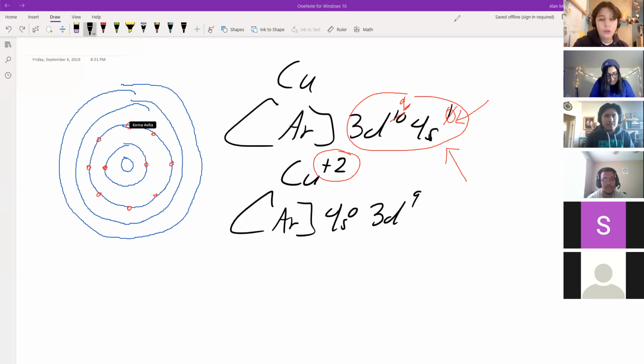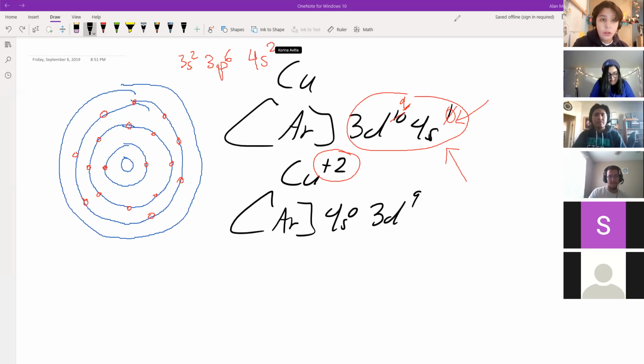I'm a visual learner myself. So 2, 8, this is the second shell. 1, 2, 3, 4, 5, 6, 7, 8. That's up to 3p6, right? 3s2, 3p6. Then you start filling out the 4s2, right?